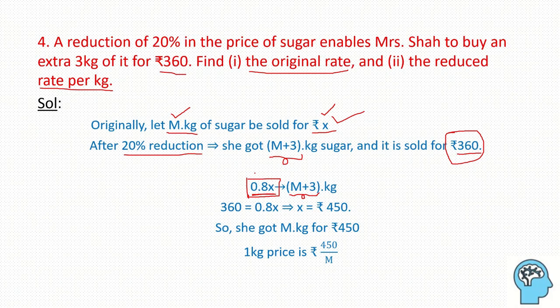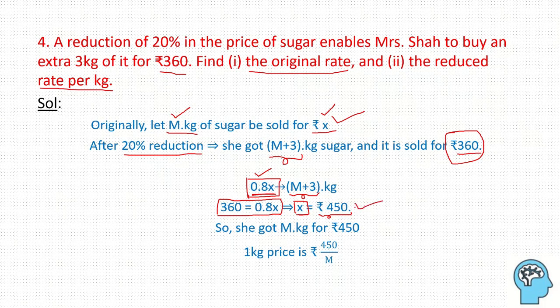Now after reduction 0.8x is equal to 360, so I just equated 0.8x equal to 360. So x is equal to 450 rupees. So finally the original price is what we got, that is x, 450 rupees.